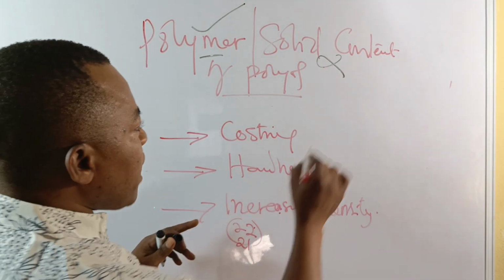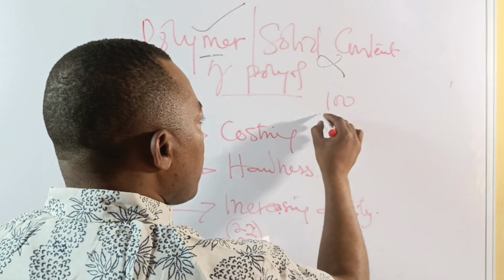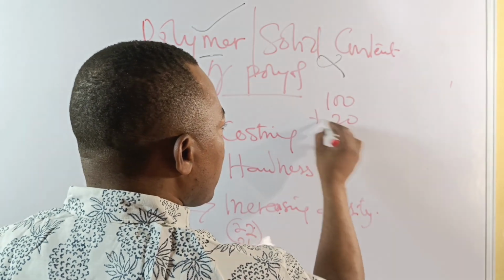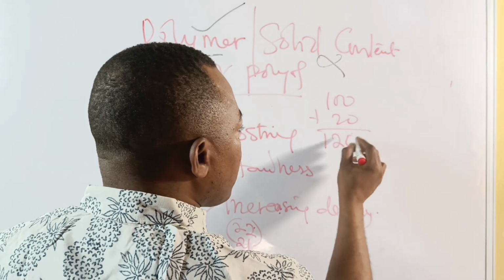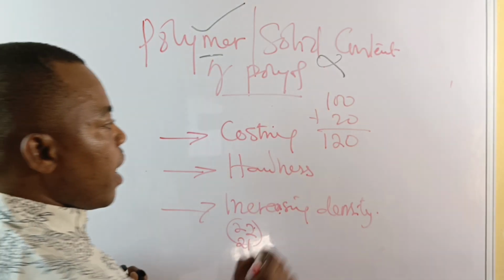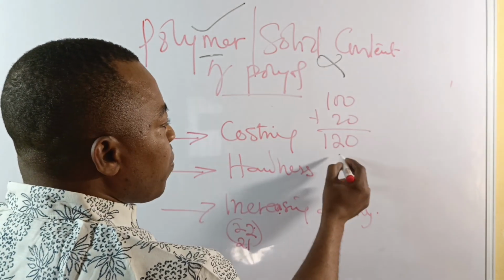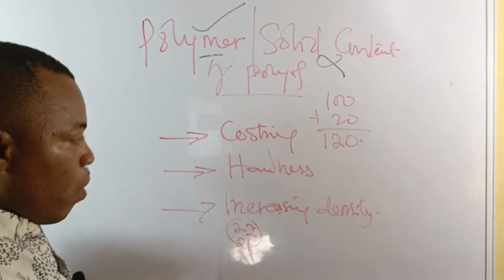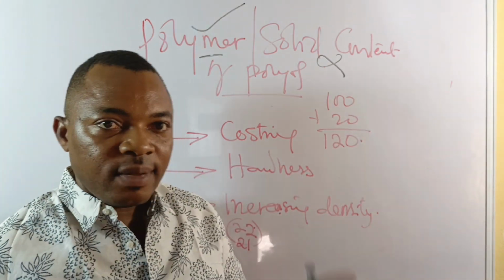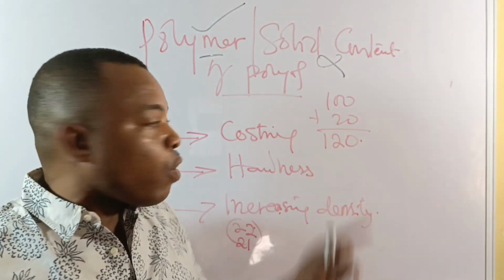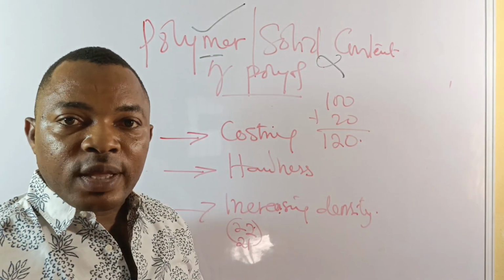So by the time you are using 100 plus 20, and this is what the total is, the total solid introduced and dispersed in this polyol will be 120, whereas polyol is supposed to be 100 parts, not above 100. You are taking 120.